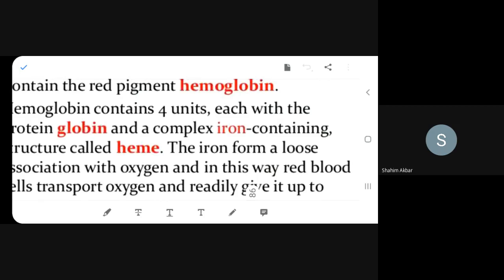Hello. Cardiac muscles. What is the heart made up of, beta? I've already given you the answer. The heart is made up of cardiac muscles. What are the features of cardiac muscles? Please give me the features of cardiac muscles. What is the function? How does it look?